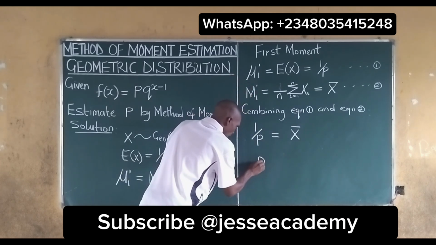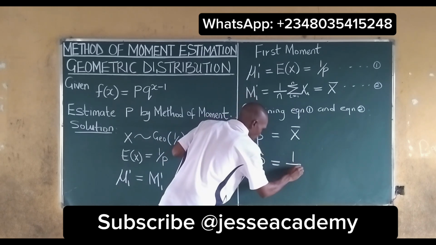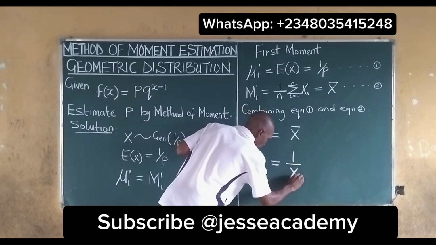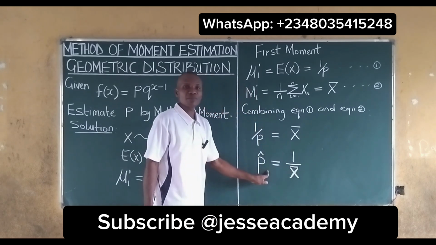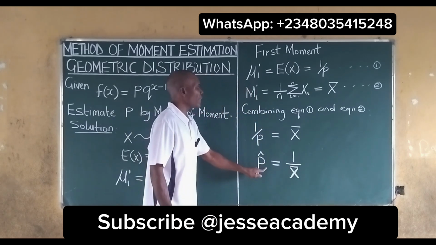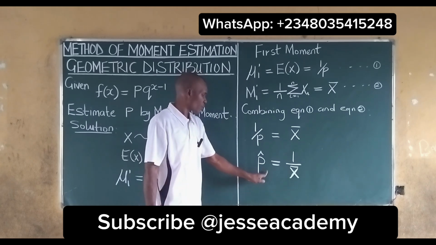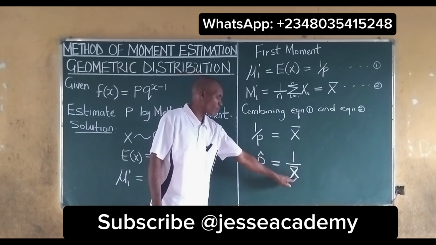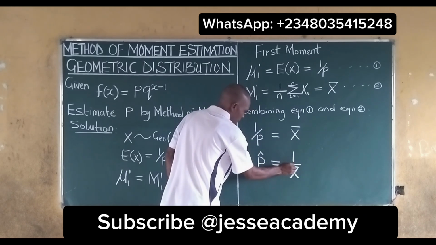It then means that our p estimate is equal to 1 over x bar, meaning p is biased. So our p estimate for the method of moments for the geometric distribution is equal to 1 over x bar, where x bar is the sample mean.